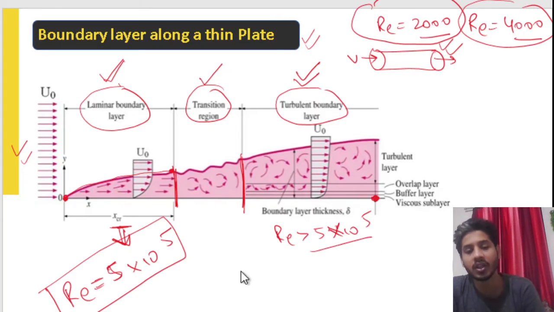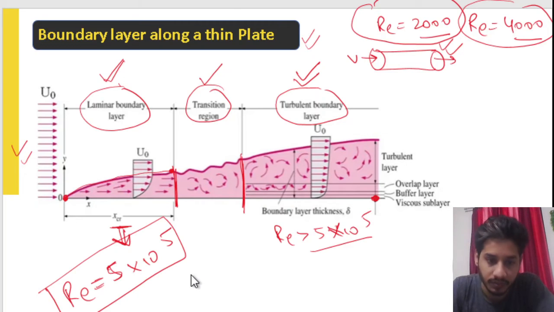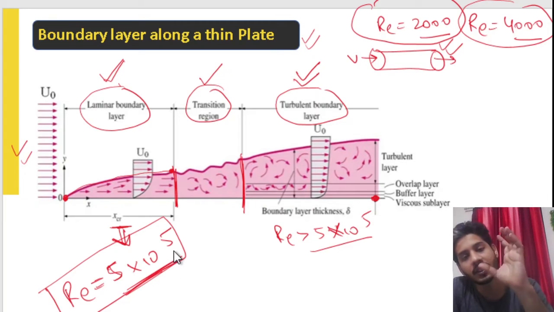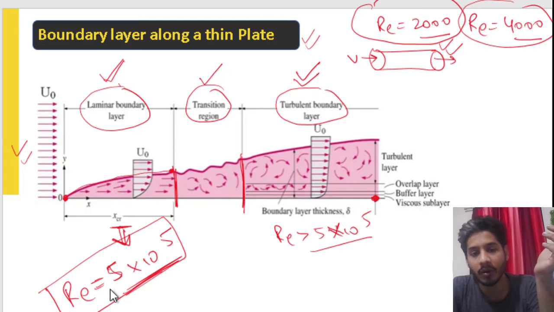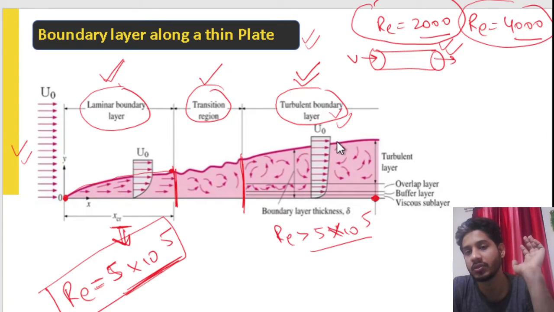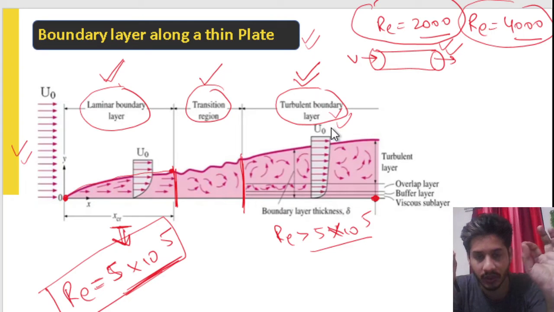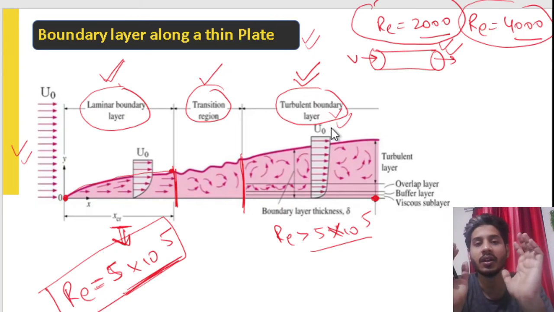So if the Reynolds number is less than or equal to this value, then the flow is laminar in external flow, or a plate flow. If the Reynolds number is greater than 5 into 10 raised to the power 5, then it is turbulent. So please categorize these two things very clearly.